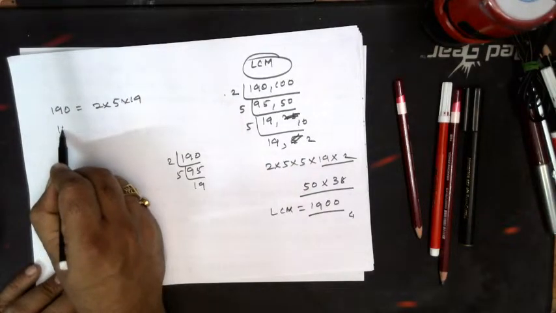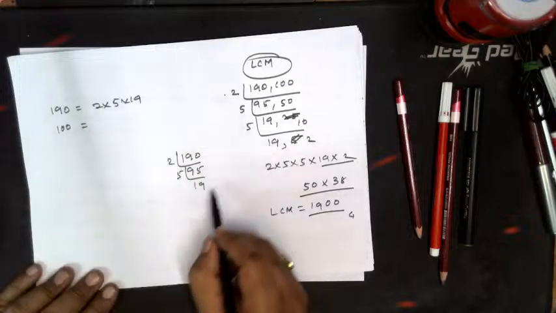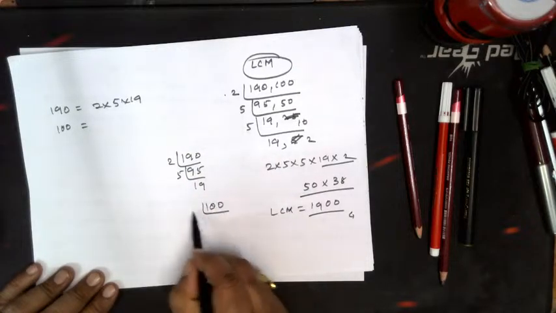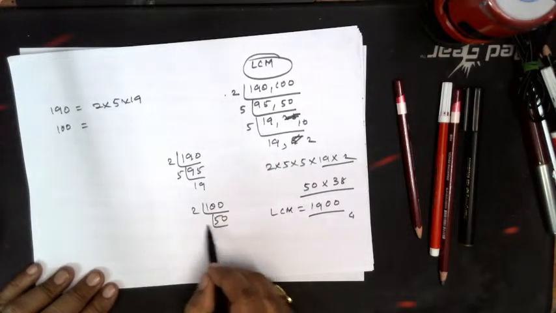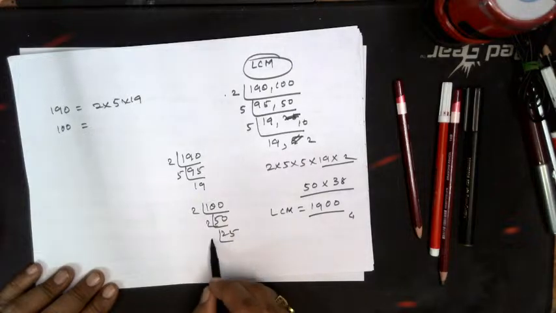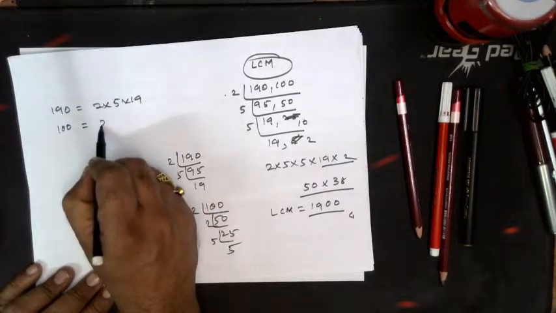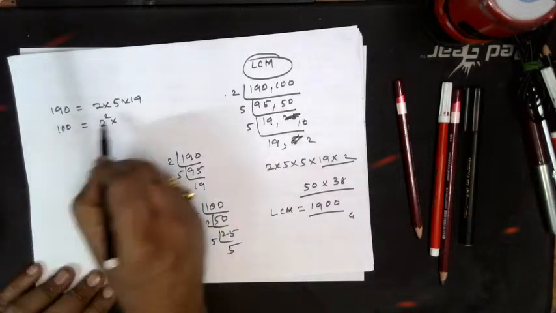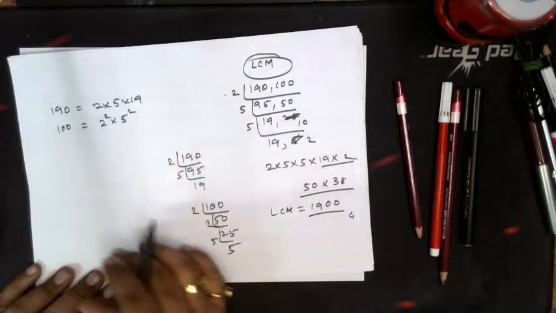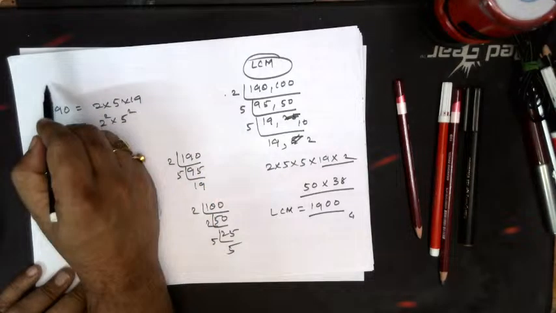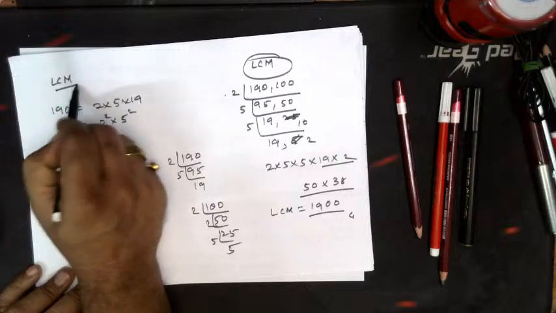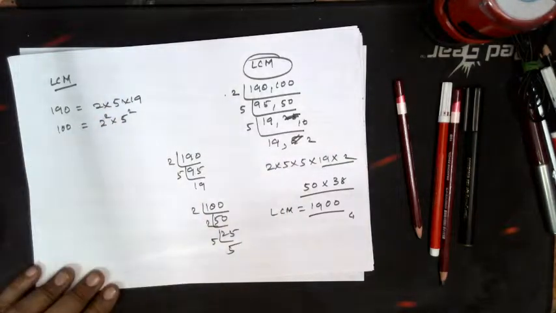What about 100? For 100, 2, 50, 2, 25, 5, 5. So 2 squared and 5 squared. Now in the case of LCM, what are you supposed to do? Take the highest power of each factor.